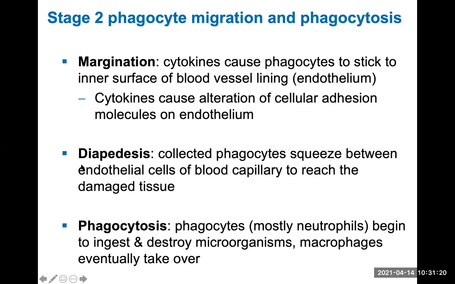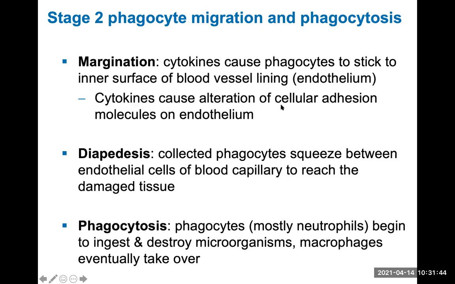Margination, diapedesis, and then phagocytosis occur during this second stage of inflammation. Margination is the specific mechanisms that cause phagocytes to stick to the inner surface of the vessel so that it can get ready for leaving the vessel.